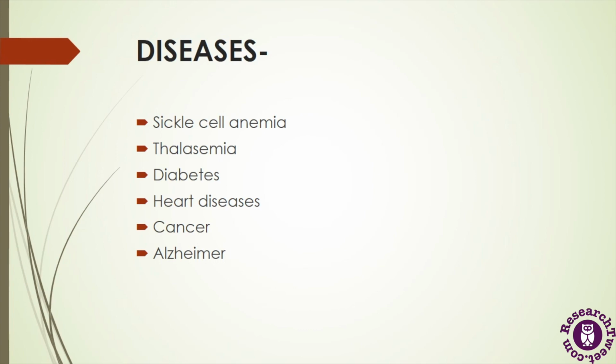Other diseases include thalassemia, diabetes, heart diseases, cancer, and Alzheimer's, and there are several other diseases caused by SNPs in the organism. SNPs usually do not function individually; rather, they work in coordination with other SNPs to manifest a disease, such as in osteoporosis.